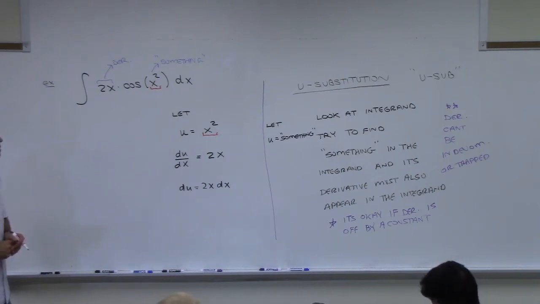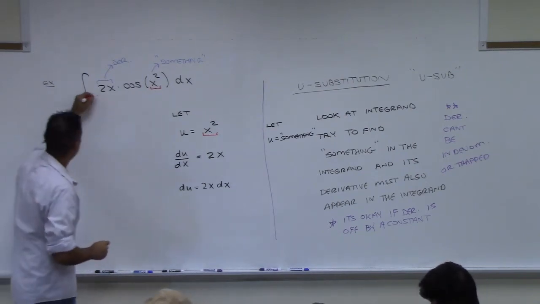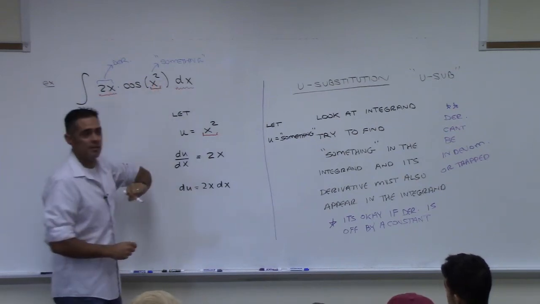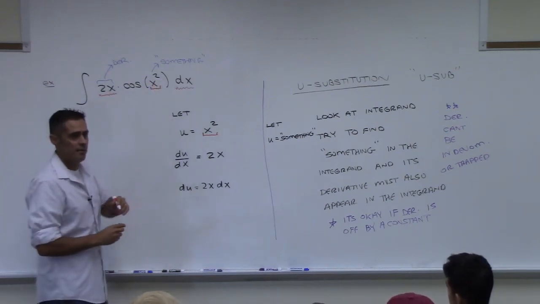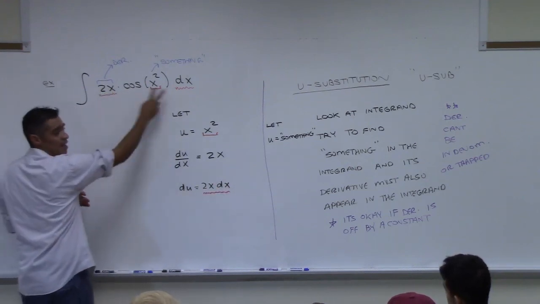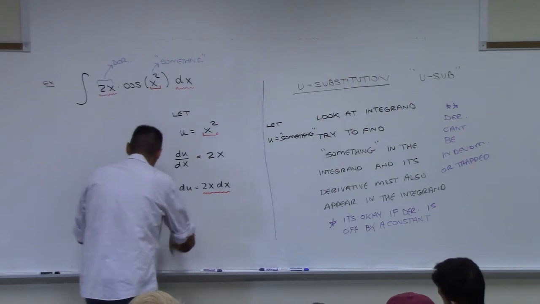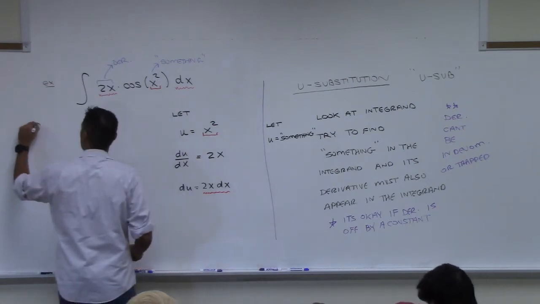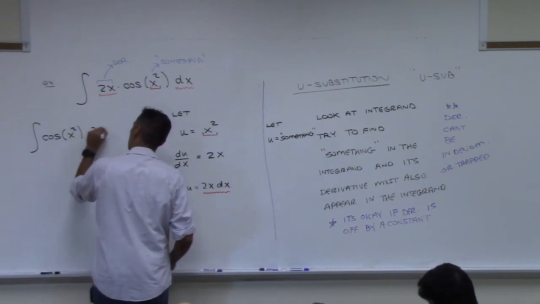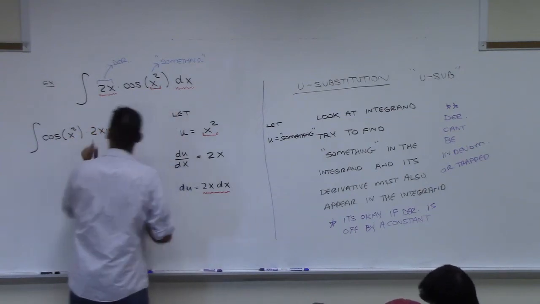Then, do you see this 2x dx? Isn't that 2x dx? Because remember, this is multiplication, isn't it? So if I wanted to, I could rewrite this problem like this, because this is all multiplication.